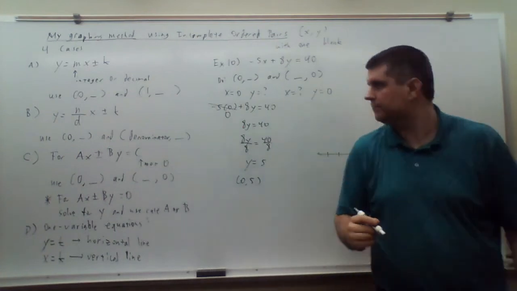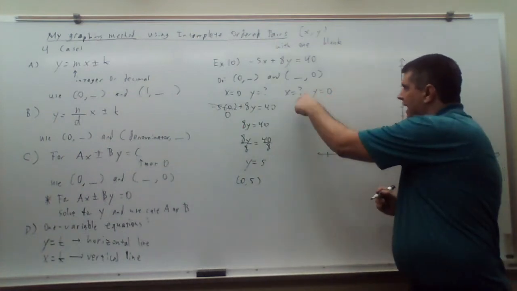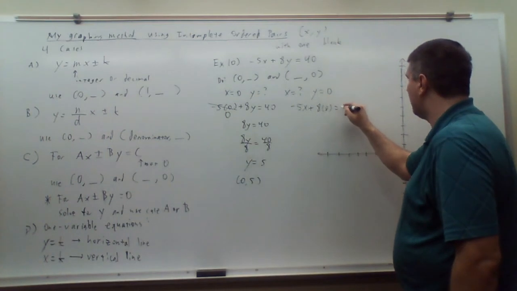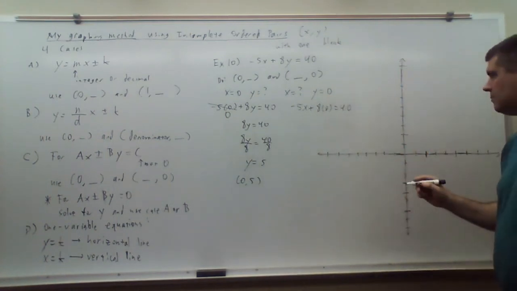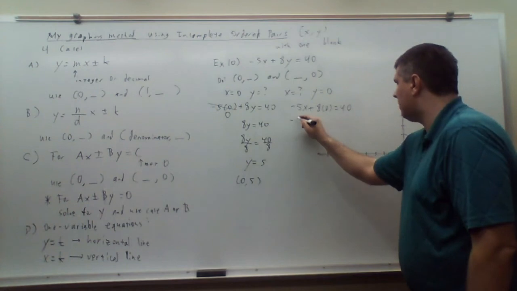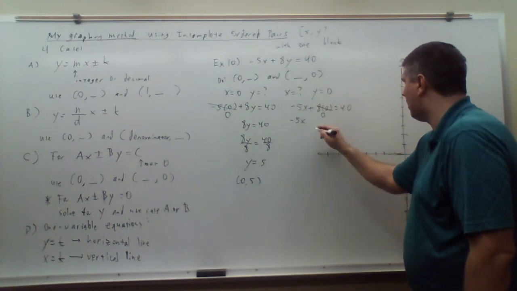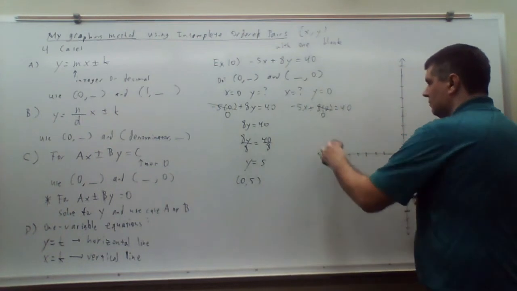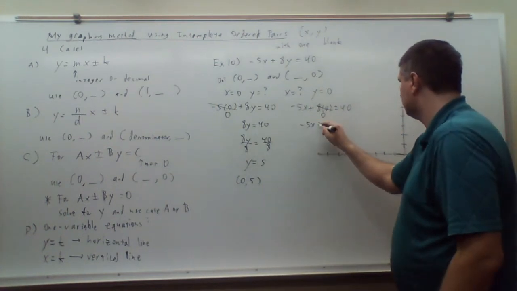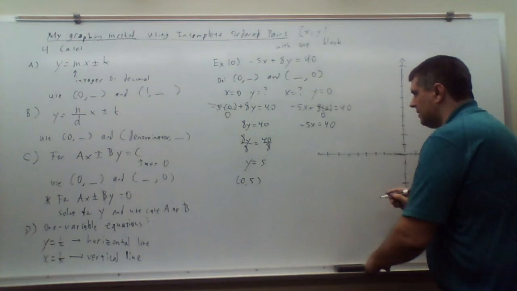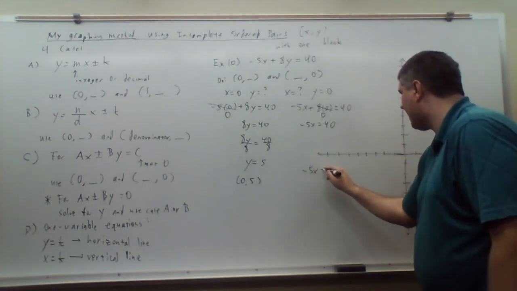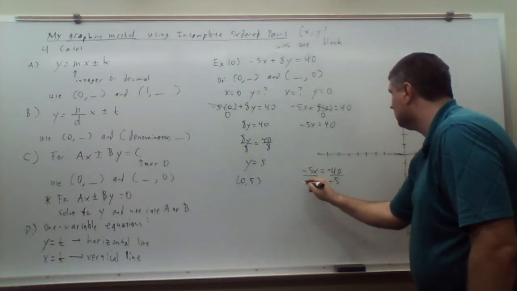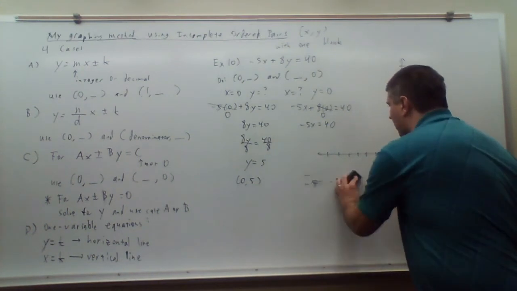Okay, over here. Y is 0, x is the unknown. So negative 5x plus 8 times 0 equals 40. All right, so that will give me negative 5x, that's 0, equals 40. All right, and then I'll divide off the negative 5. Oops, miscopied the problem.